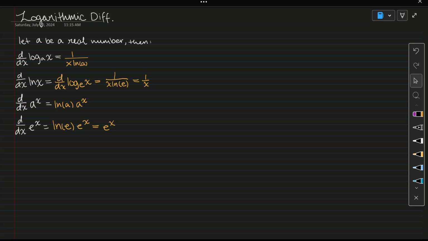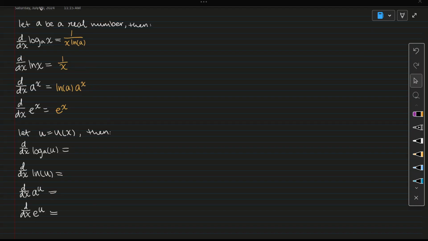So another thing I wanted to talk about is what happens when we're using the chain rule on these. Okay, so I cleaned things up here, and we're going to let u be a function of x, u equals u of x.